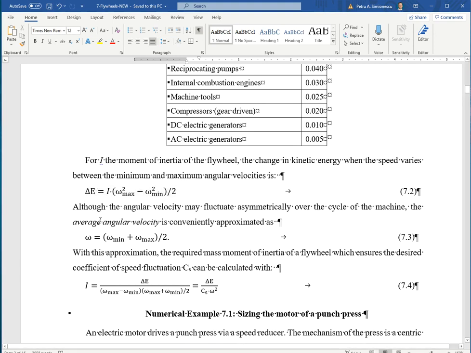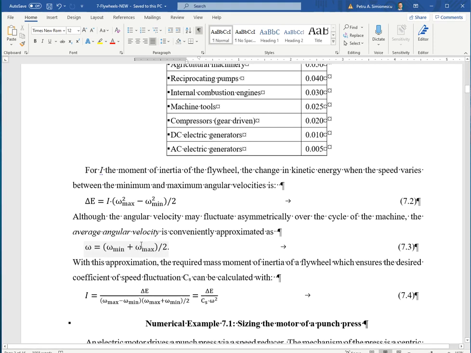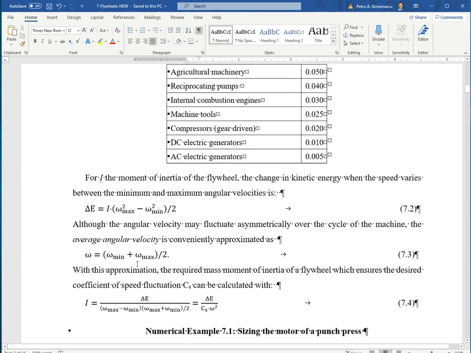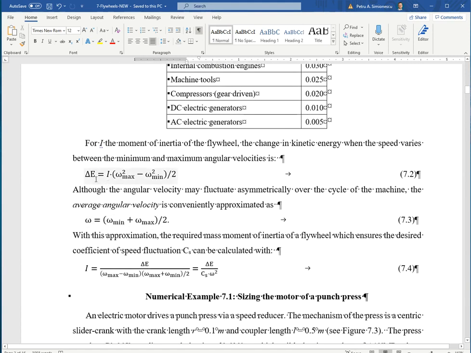And knowing this, we can state that this change of energy is the difference between the maximum kinetic energy and the minimum kinetic energy of the flywheel. Maximum when omega is maximum, the RPM is maximum, minimum when it's minimum.